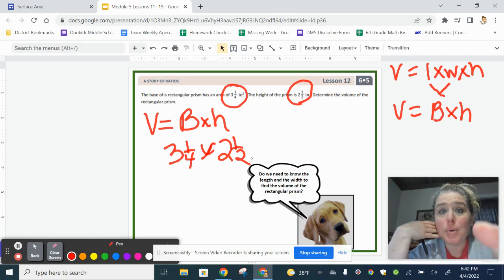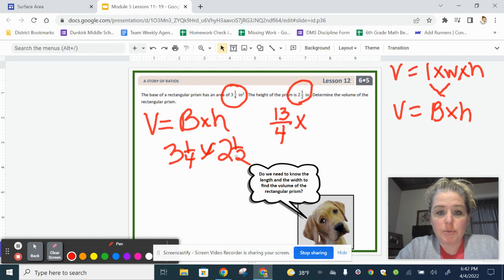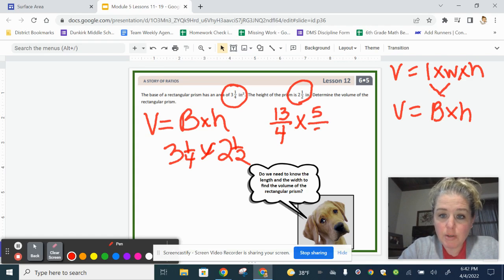Improper fraction. Okay. 3 times 4 is 12, plus 1 is 13. Keep my denominator the same. Put your multiplication sign back. 2 times 2 is 4, plus 1 is 5, over 2.